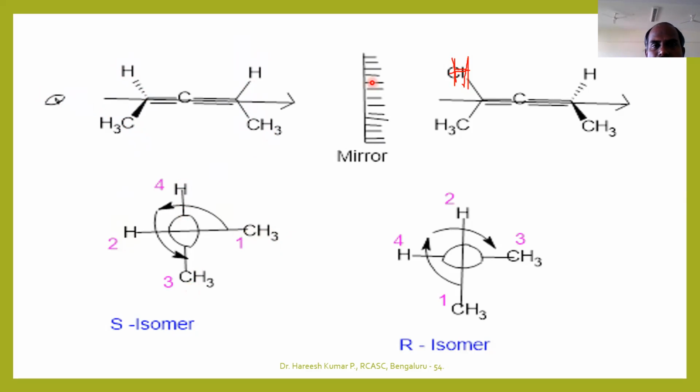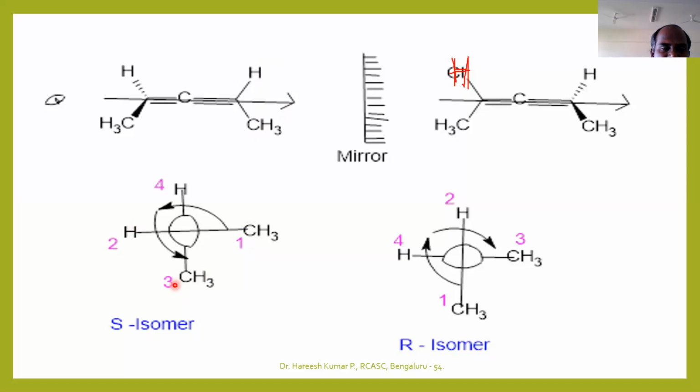When it comes to the priority, these two groups have the first priority compared to these two. So between these two, this takes the priority and this is next. That means this is 1 and this is 2. Then afterwards, from between these two, this takes the first priority.